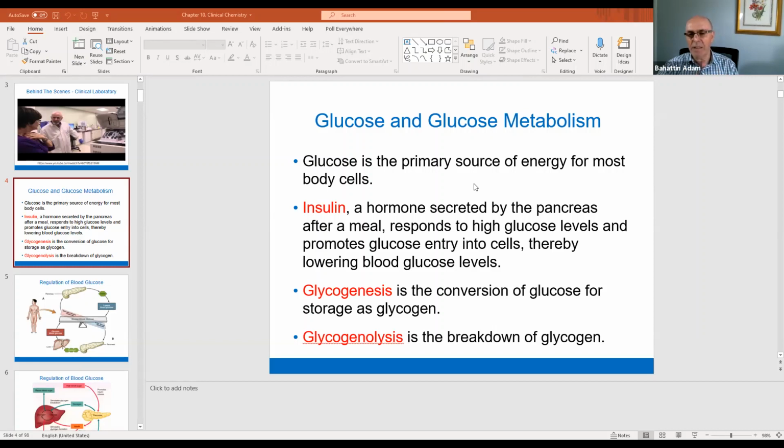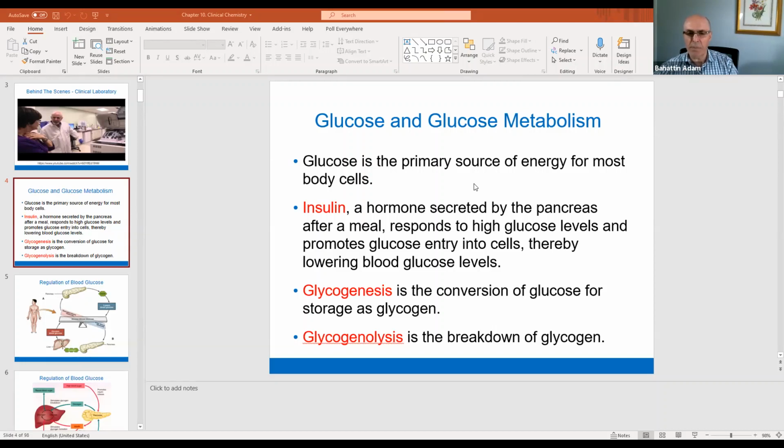After a meal, the level of glucose in the bloodstream increases, which triggers the secretion of insulin from the pancreas, and this hormone, insulin, promotes glucose entry into the cell, in order to lower the blood glucose level.